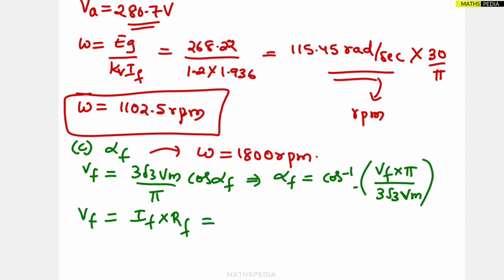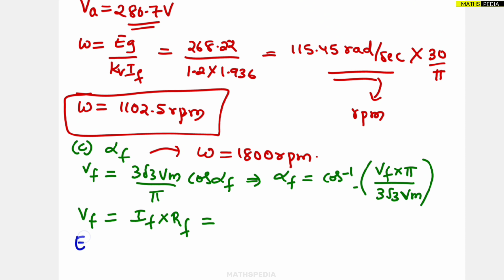Now what is the relation then? Can we relate IF to omega? Yes, you can relate, by using the Eg formula. We have studied that Eg is equal to kV omega into IF. From this I am going to find out the new IF, which will be Eg divided by kV into omega.